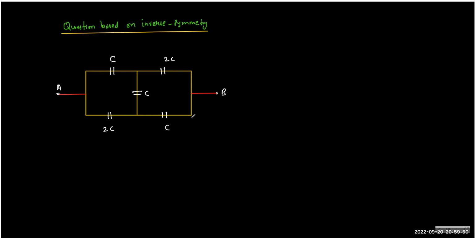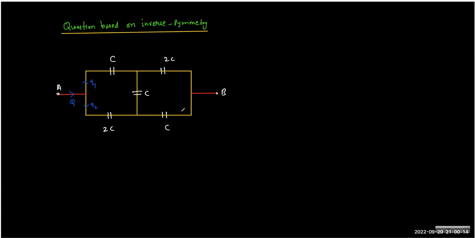So in case of an inverse circuit, nature will preserve some symmetry, and let's try to understand this. Whatever will enter from here, if it divides into the ratio of Q1 and Q2, what inverse symmetry says is that the same charge will flow in the other direction.